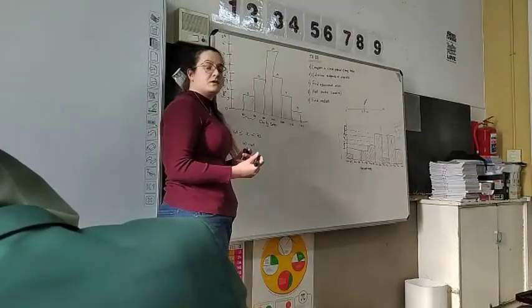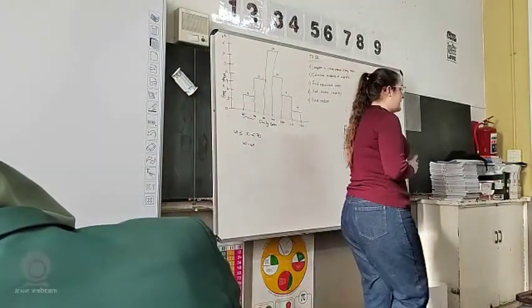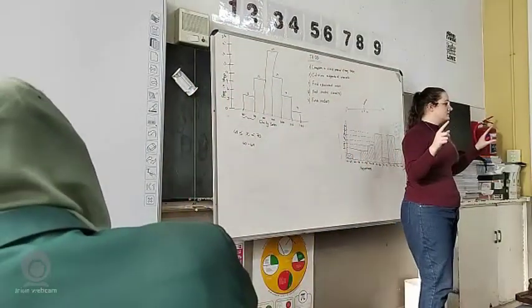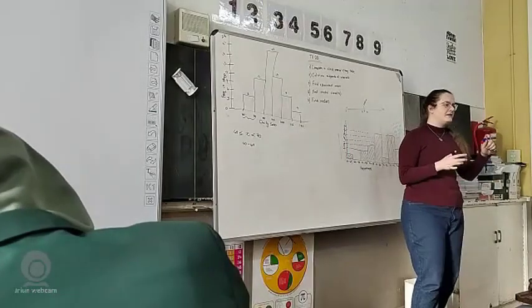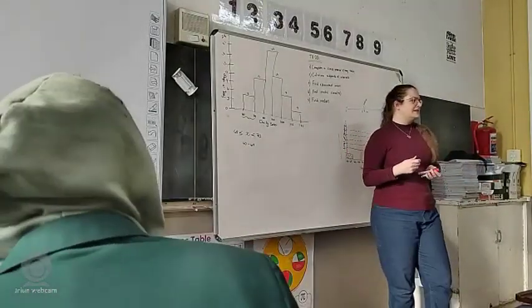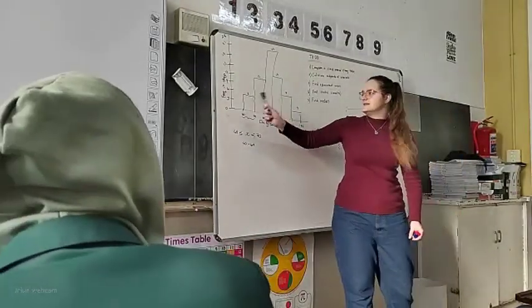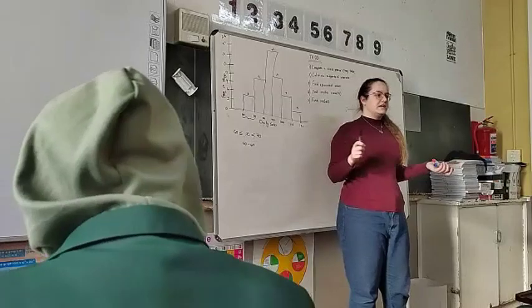What's very important when you do your intervals is you don't want a number to be in two intervals. Hopefully that makes sense. Why? Because otherwise you might be doubling data. Then you get 70 on one day, and you say it's in this one and in that one, and then your data is no longer accurate.